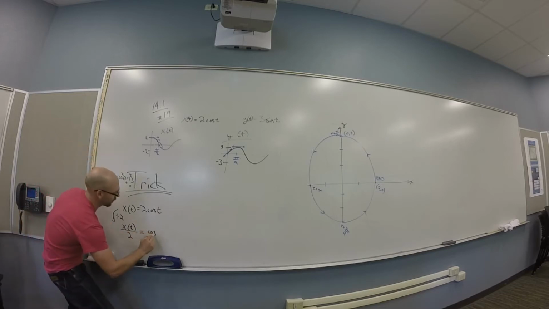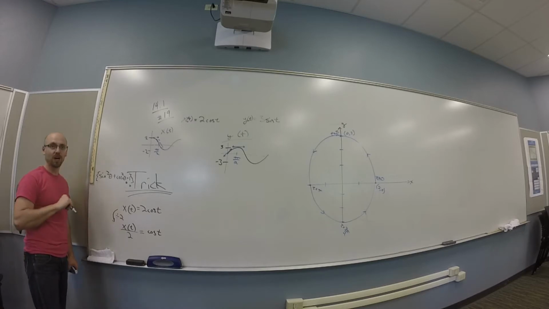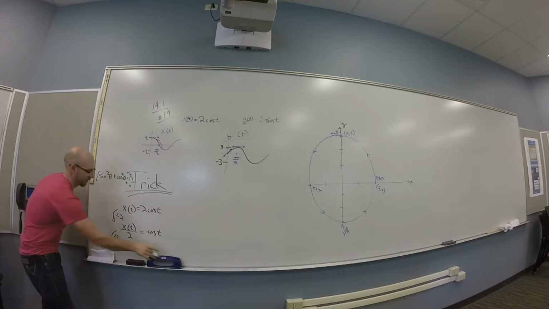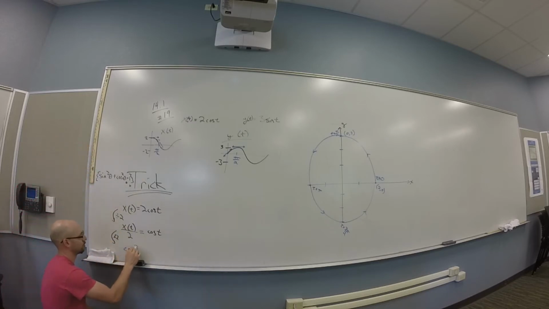Do a similar thing for sine, and then square both of them. If you square this, what do you get? Cosine squared t is x over 2 quantity squared, right?